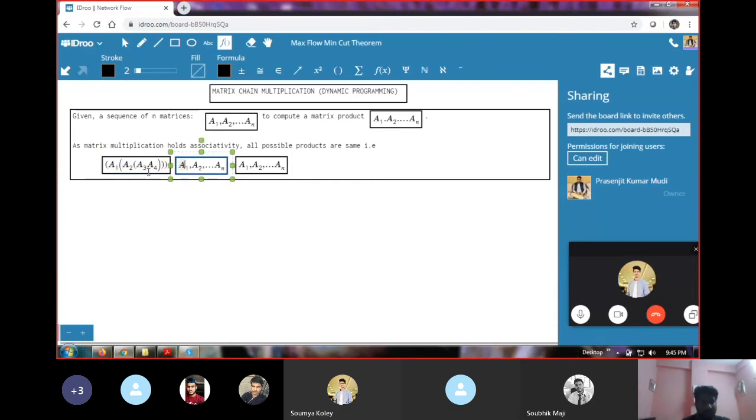So here we put a bracket, and then A2, then A3, bracket close, A4. In this case we have A2, A3, and then we get bracket close.